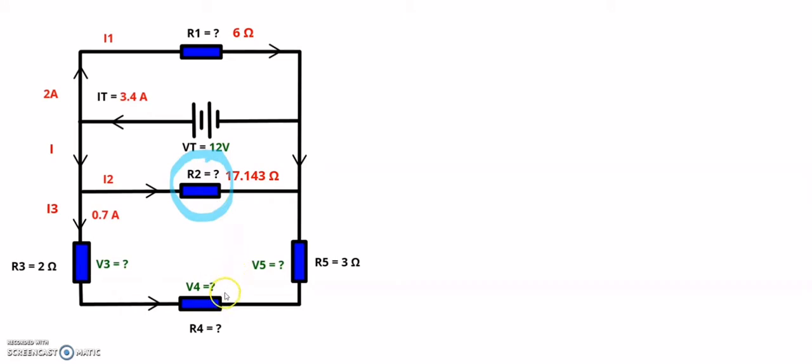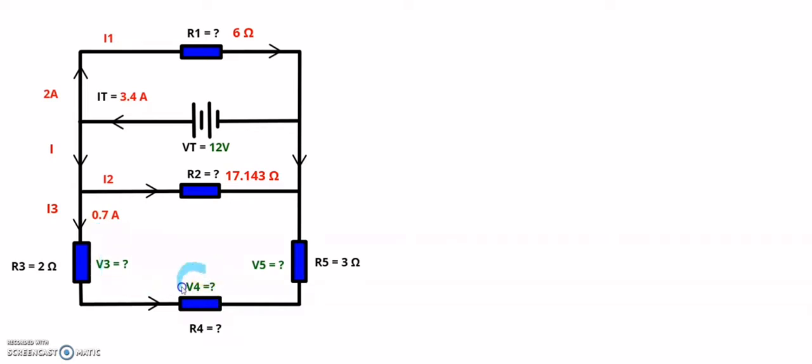Next, we need to calculate the resistance of R4. What do I know about resistor R4? All I know is that I have a current flowing through that branch of 0.7 amps.